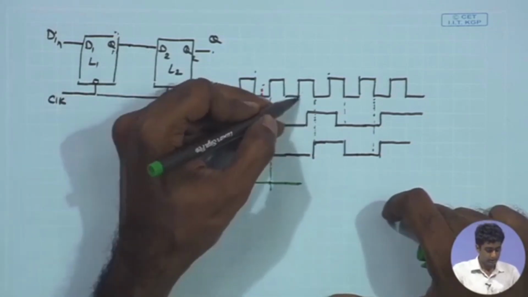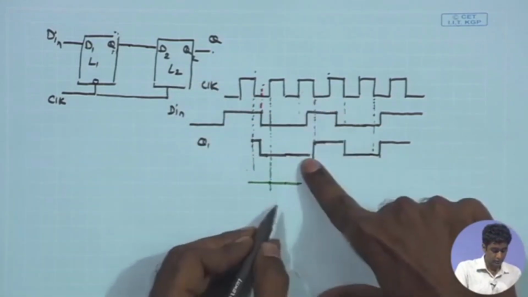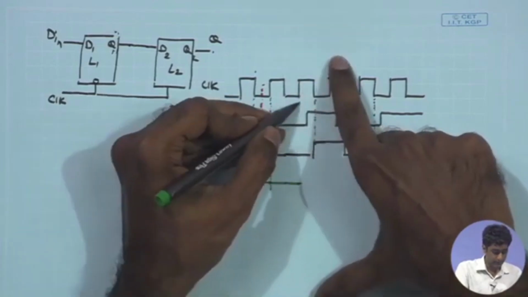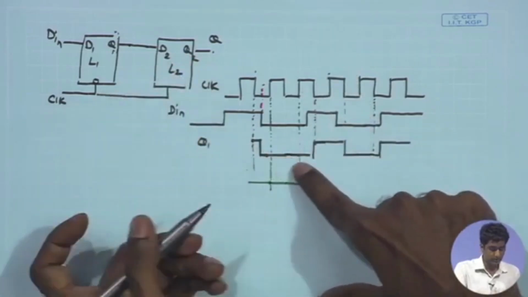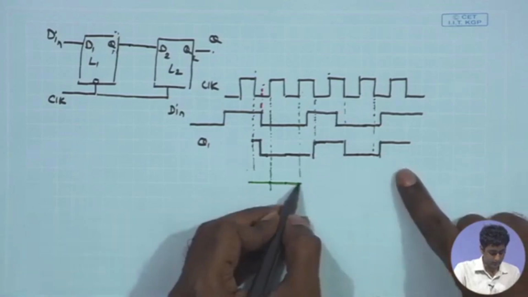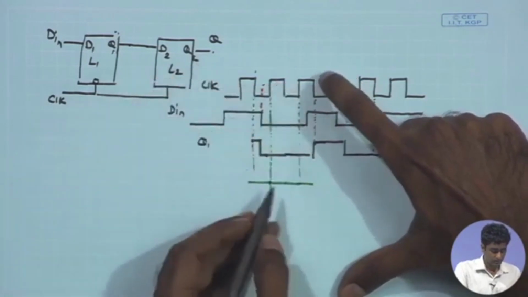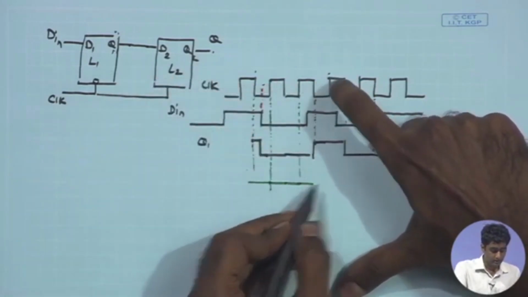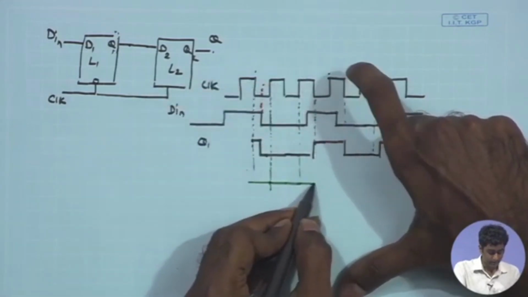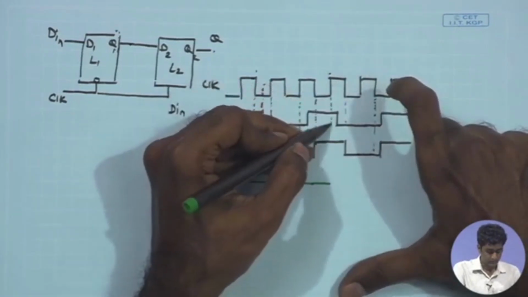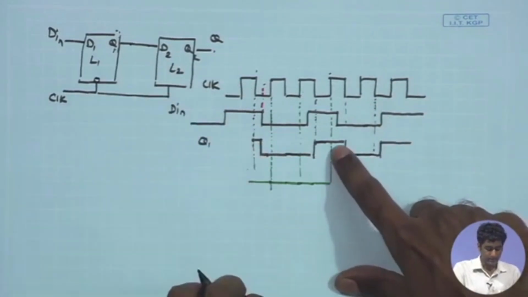Now, if I look at the next positive phase of the clock, once again the Q1 is 0. So, once again after this instance, the L2 is becoming transparent, Q1 input is remaining 0, and as a result it will also retain the same value. Now, once again after this low phase, when the next positive phase of the clock comes, the L2 is seeing a high level at Q1.